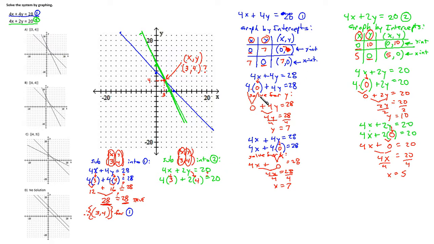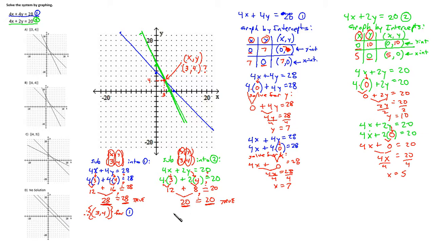So we continue with order of operations. 4 times 3 is 12. 2 times 4 is 8. Now we add: 12 plus 8 is 20. And we bring down the equal sign with the question mark on the right side, and ask ourselves, is it true that 20 equals itself? Yes, that's true.